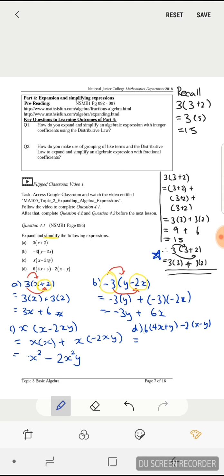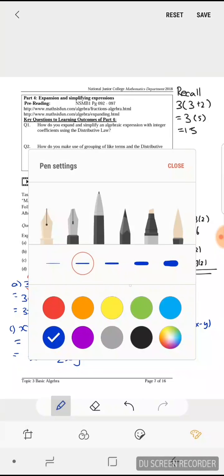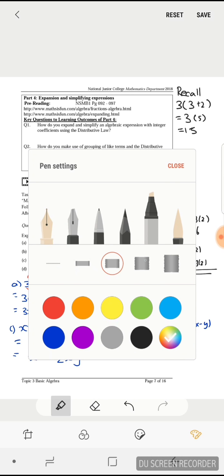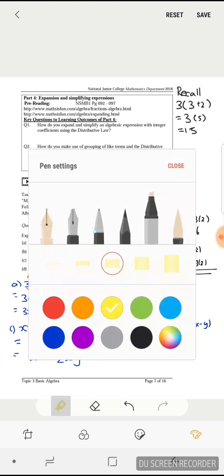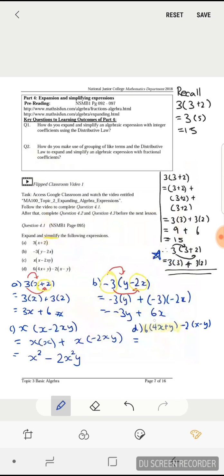Now, 6 multiplied by 4x plus y minus 2 times x minus y. So we're going to deal with them one by one. First, we'll deal with this one. Okay? From here, 6 multiplied by 4x.